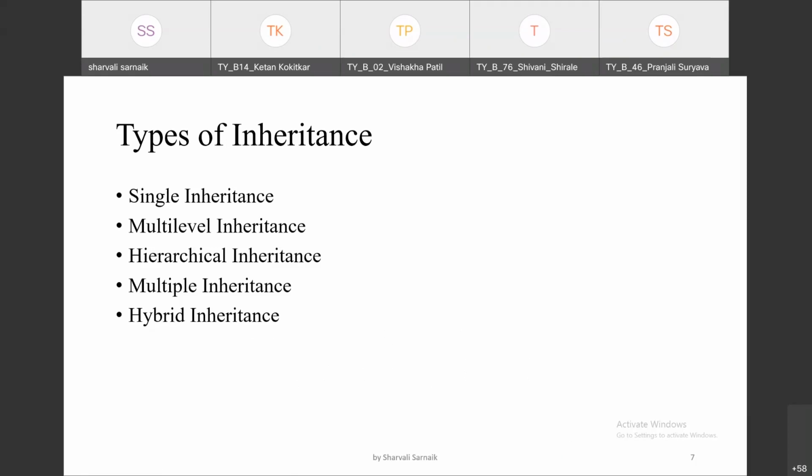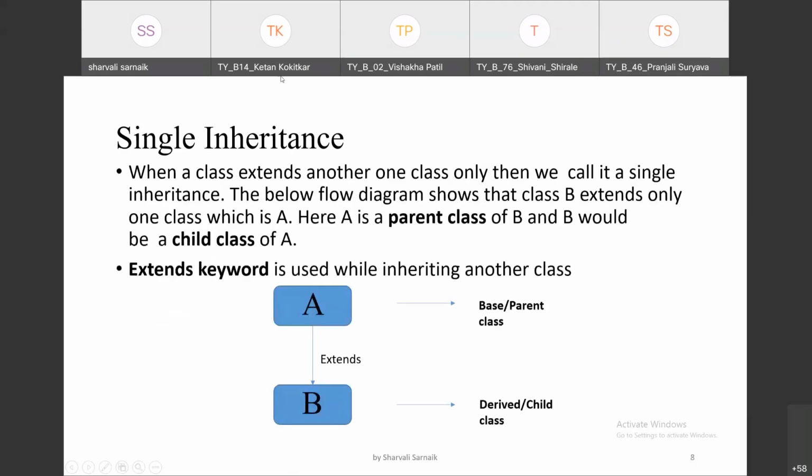Fourth is multiple inheritance. And fifth is hybrid inheritance. So these are the types of inheritance. So let's see one by one these types of inheritance. The first is single inheritance. So let's see what is single inheritance.